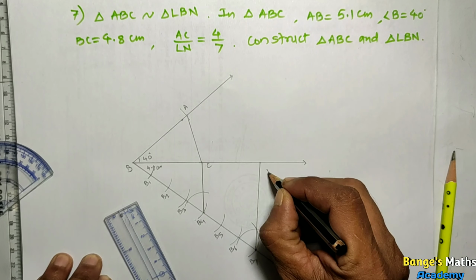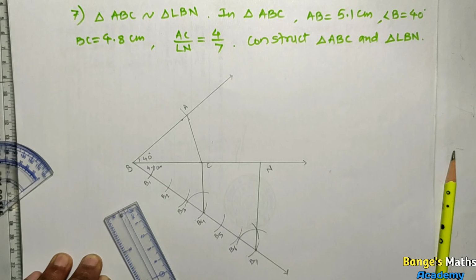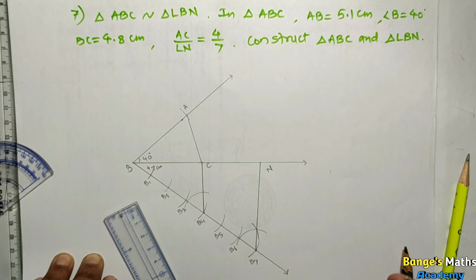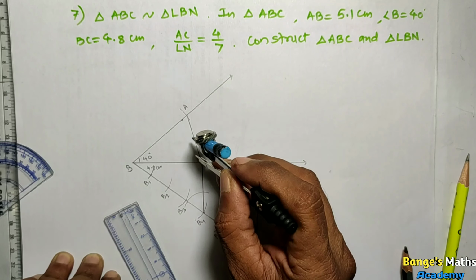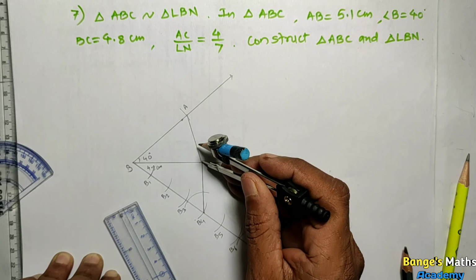We get point N. Then construct an angle at point N, angle ACB.